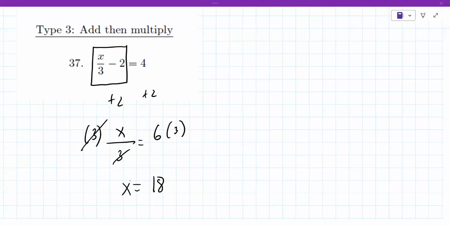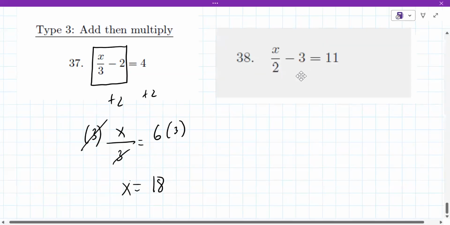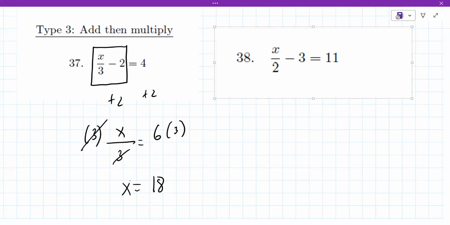All right, so here's another one for you to try. Put it right next to it, for this one here. It's the same thing, add, then multiply, add, then multiply. 28.